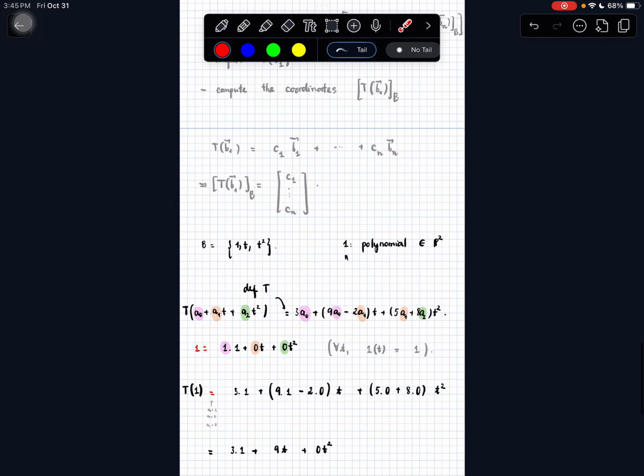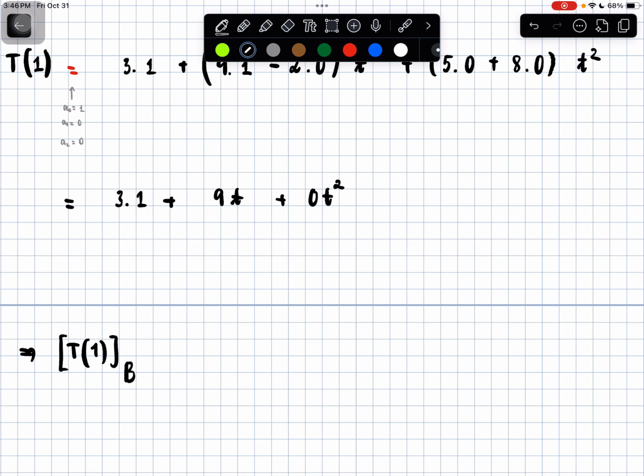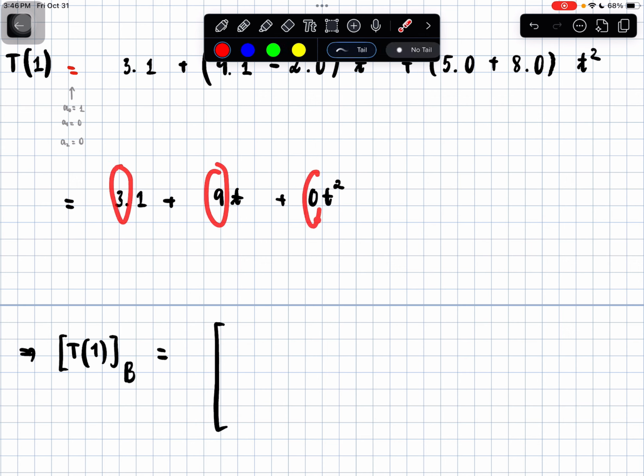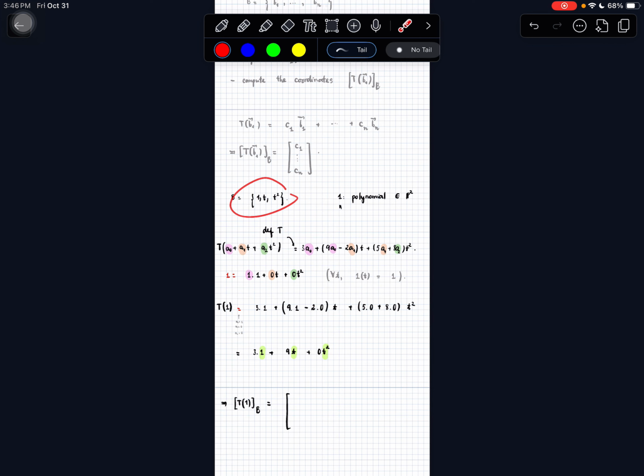The second step, we need to compute the coordinate of that image. The coordinate of T of 1 relative to B is just the coefficients, because 1, t, t squared are the 3 vectors in the basis B. The coefficients c1, c2, c3 give us the coordinate.